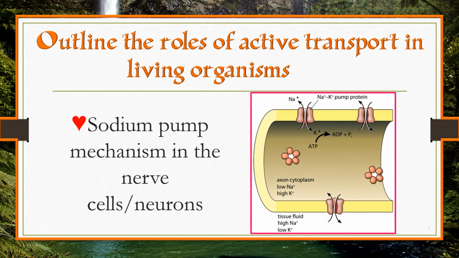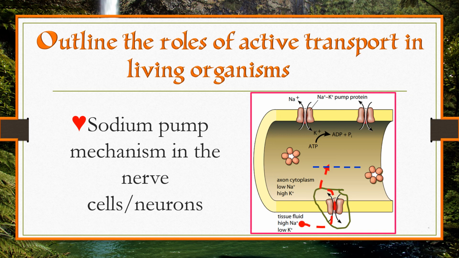Then we talked about the sodium pump mechanism in the nerve cells or neurons. Inside the axon cytoplasm, there is a low concentration of sodium and a high concentration of potassium. In the tissue fluid, we have a high concentration of sodium and a low concentration of potassium. That makes the inside of the neuron negatively charged. We have the voltage-gated channels.